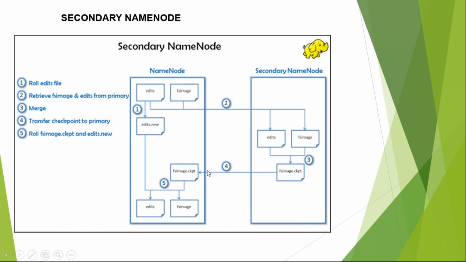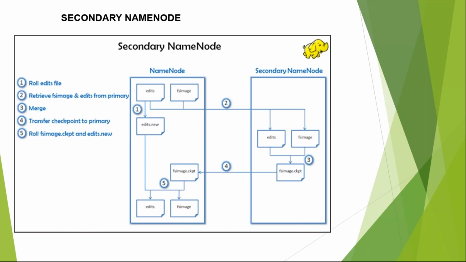After that, the updated one is given back to the name node. So your name node knows that it has already given the edits and fsimage to the secondary name node. If any new transaction comes, it will not write into the old edits; it will create a new edit.